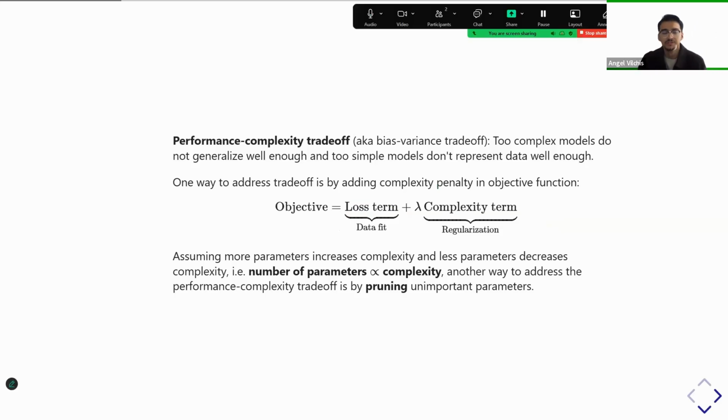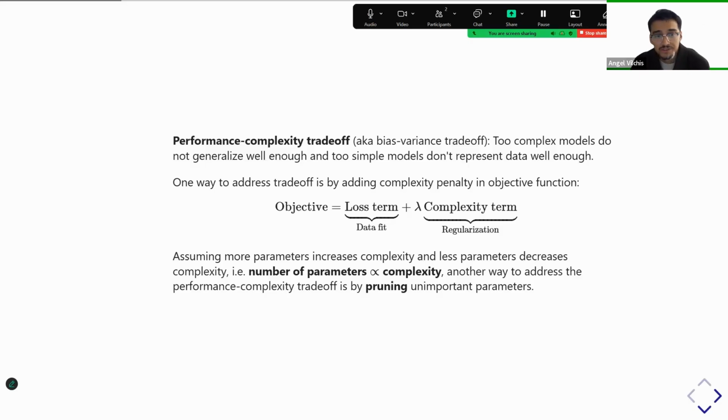But what this paper assumes is that models with more weights are more complex, and models with fewer weights are therefore less complex. So if we remove weights or parameters from a model, we're going to move it towards simpler, towards generalizing better.